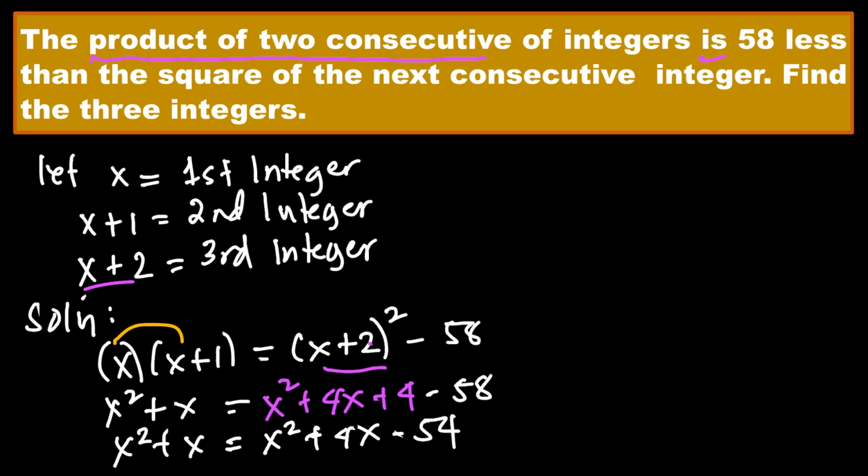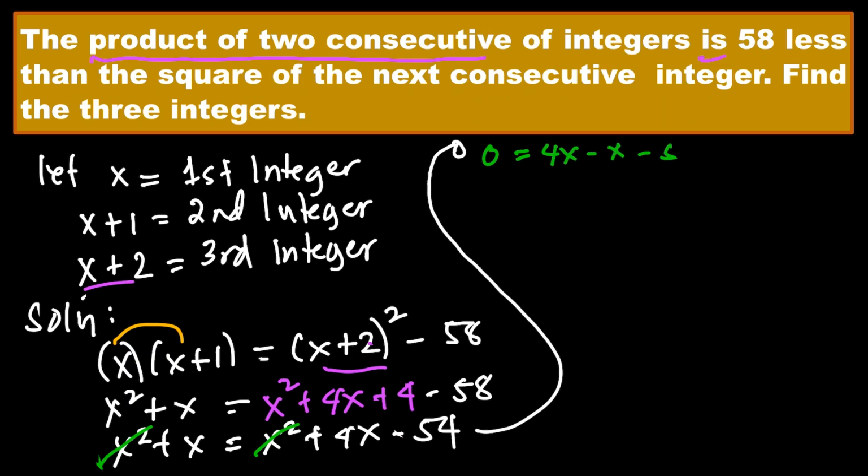Okay, so combining like terms, we can cancel x squared, because x squared minus x squared gives us 0. So this will give us 0 equals 4x minus x minus 54.